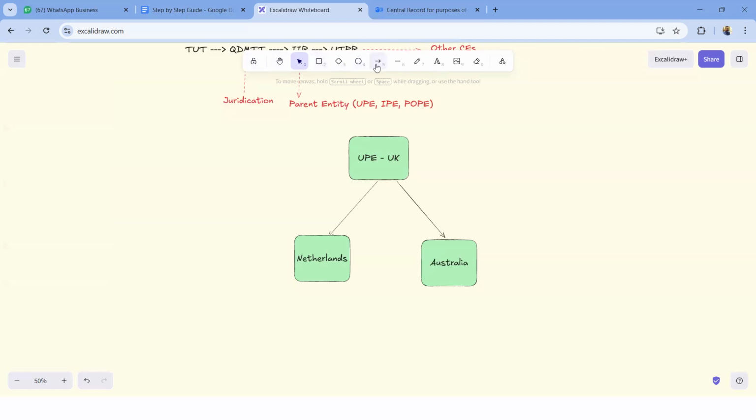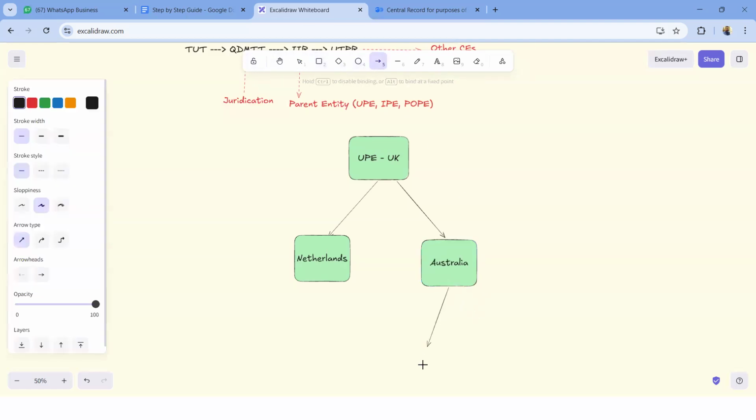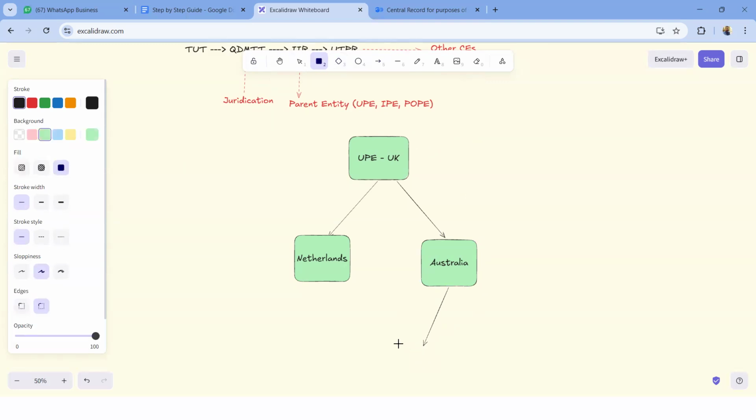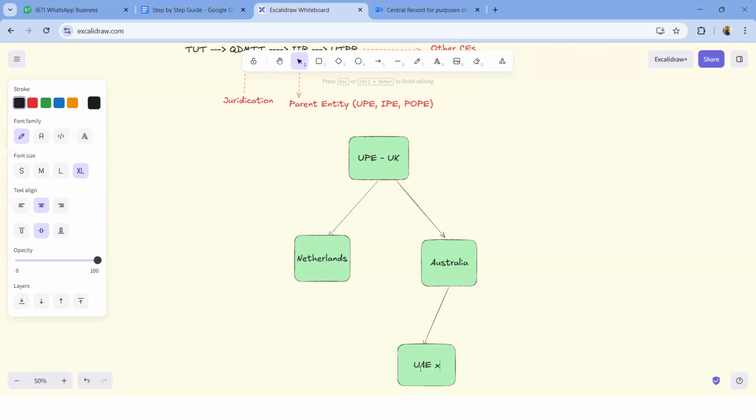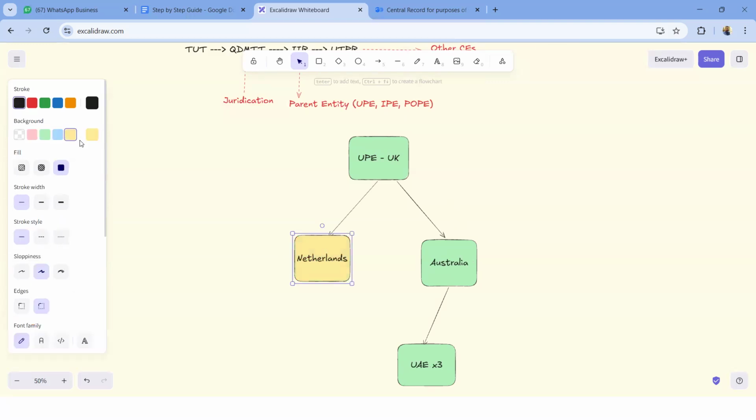And then you have three UAE entities. So there is UAE, and there are three entities in UAE: one a trading company, one a manufacturing company, and one another company. Okay, so this is the scenario.